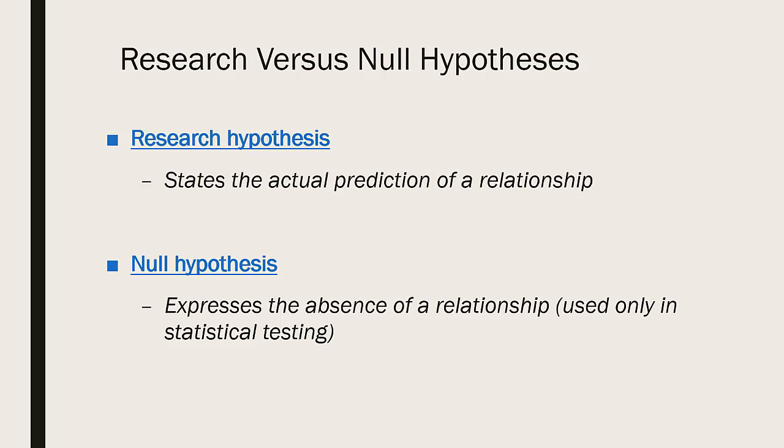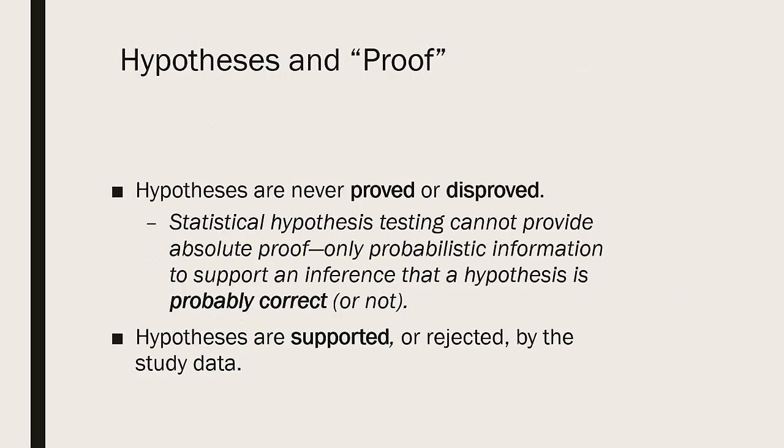All right, let's talk about the terrible P word. Now, the danger in thinking hypotheses prove something is sometimes counterintuitive. Although this word has different meanings in different contexts, most dictionaries indicate that we prove something when we establish its genuineness or authenticity.